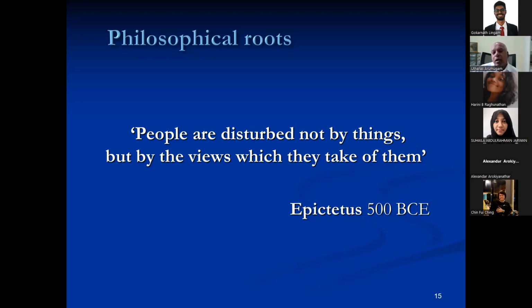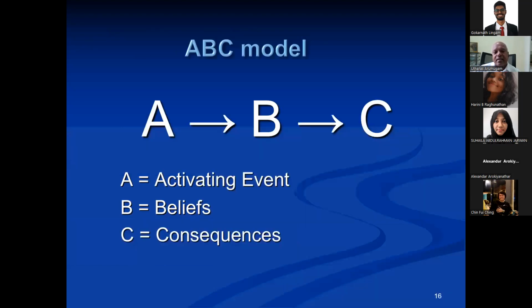So cognitive behavioral approaches adopt this philosophy, and they came up with people like Albert Ellis and Aaron Beck. They all talked about cognitive behavioral therapies, and they adopted that philosophy into the model.